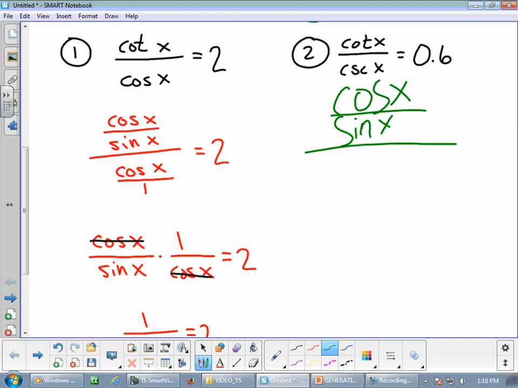Okay, so you wrote cotangent of x as cosine of x over sine of x, and cosecant of x as 1 over the sine of x. Is that allowed? Mike, nodding your head yes. Why, Mike?